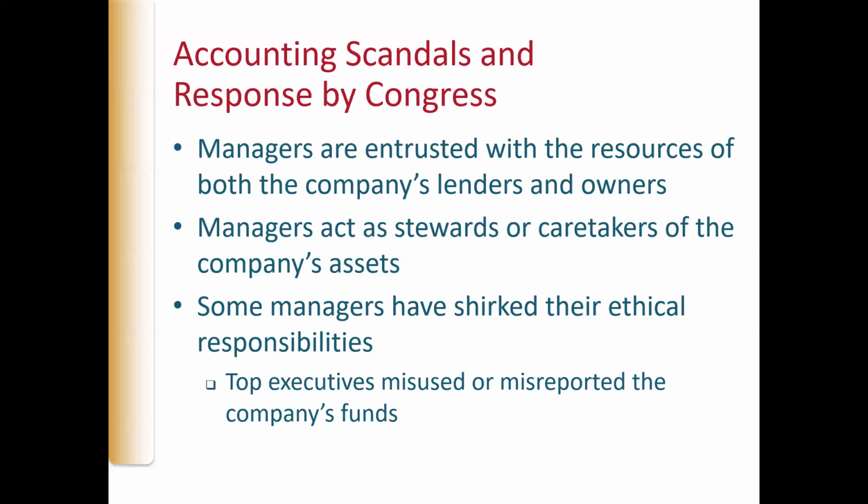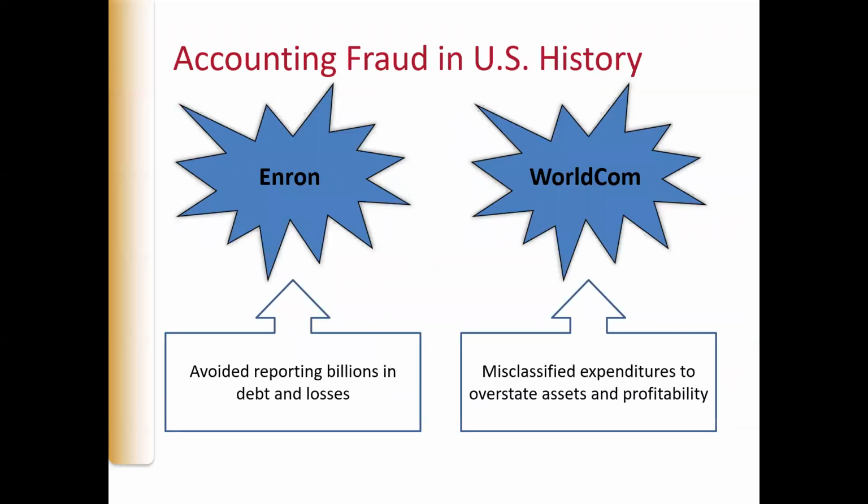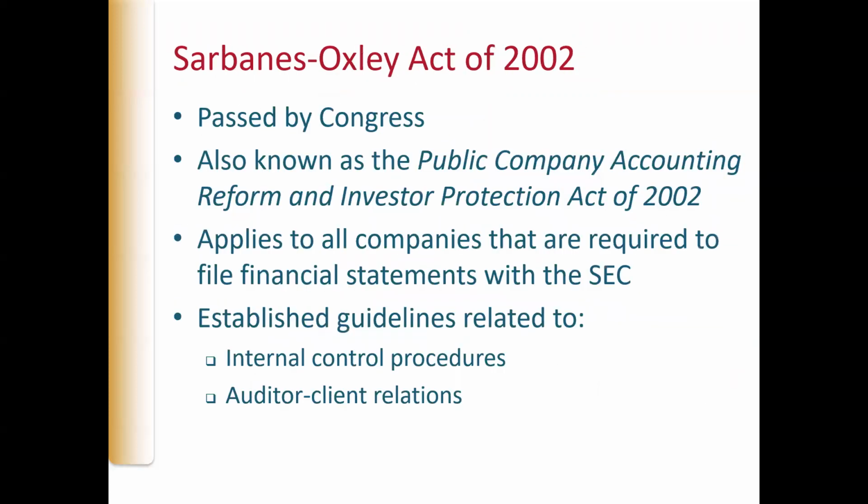And so all of these accounting problems or scandals or just corruption encouraged Congress to make some decisions. And so Congress created what was called the Sarbanes-Oxley Act of 2002.